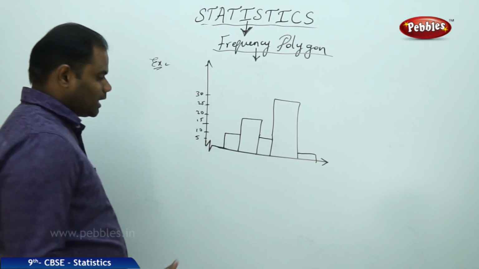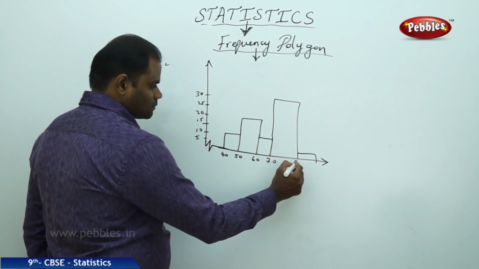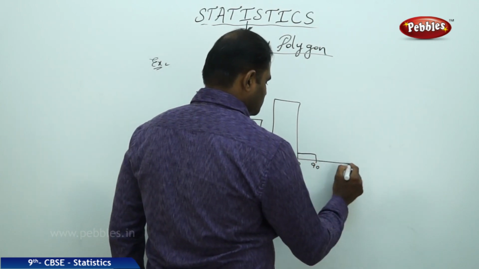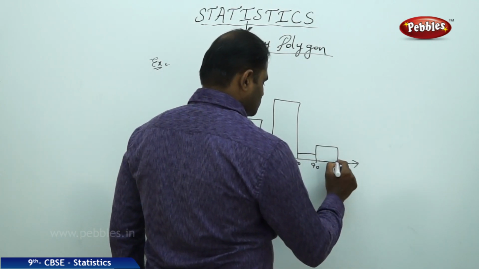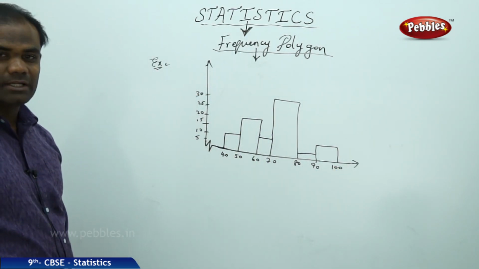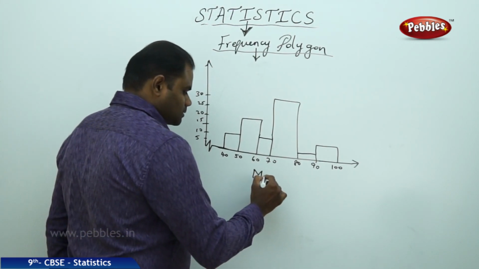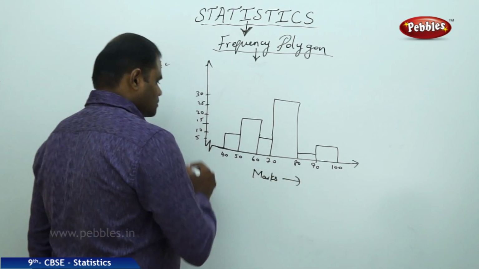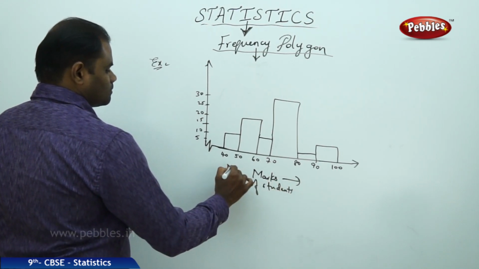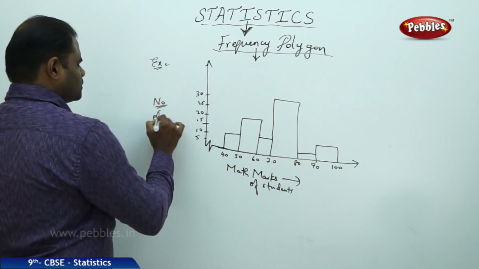Now here I have the marks obtained. So here I have a histogram. Let's see how we can understand a frequency polygon for this, where this represents math marks of students, and number of students.